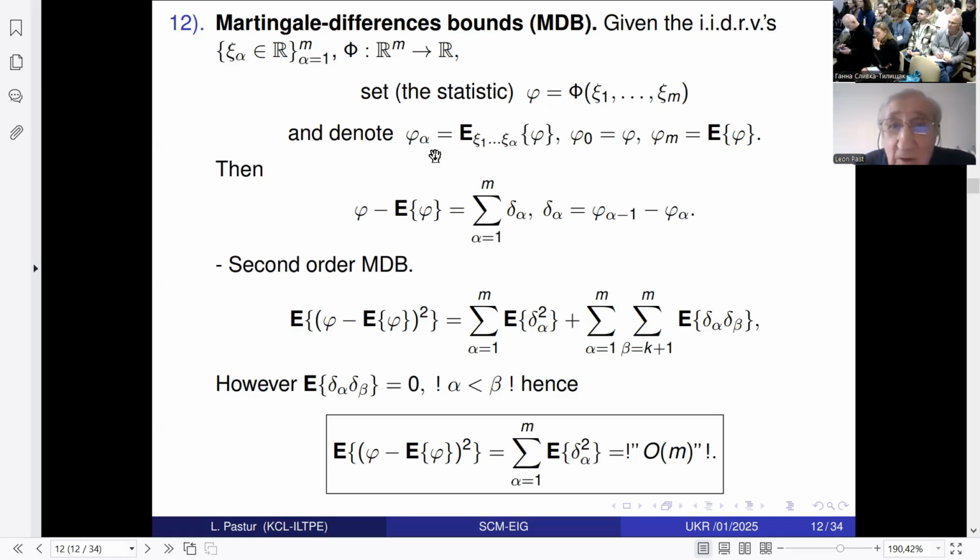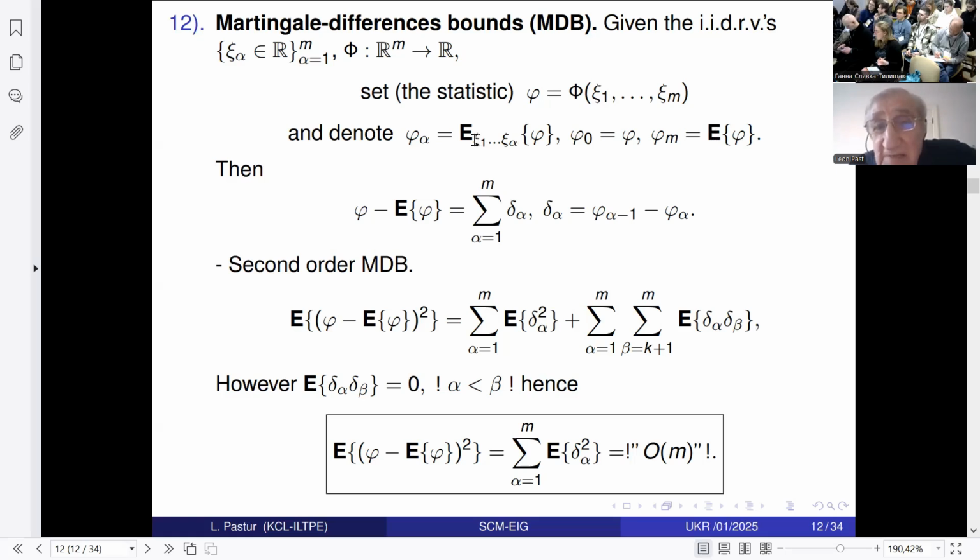And I remind you that the xi's are independent. Because of that, we can take the expectation separately with respect to each variable, integrating. You have m random variables, we can integrate any of them, some choice, not all of them. If it is all of them, we denote it just E.